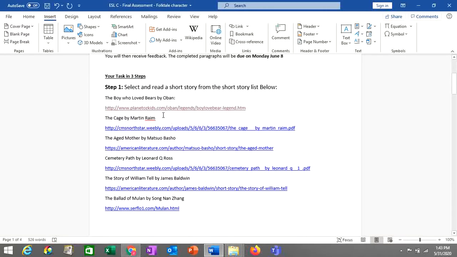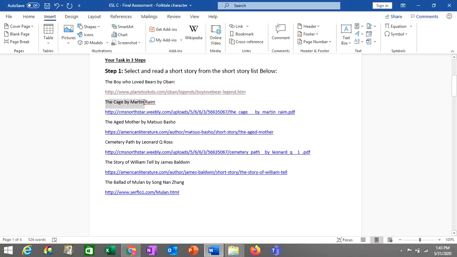So just in brief here, the first story is an indigenous story from the US. It's kind of similar to maybe some of the other folktales that we've looked at, but there is an indigenous boy who develops a relationship with a bear. Basically the two of them kind of look out for each other.